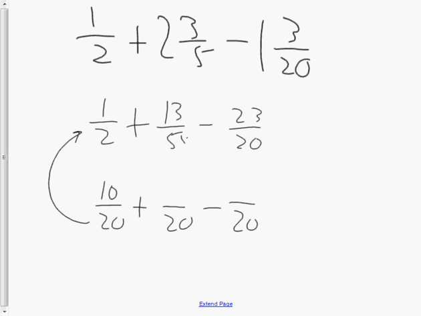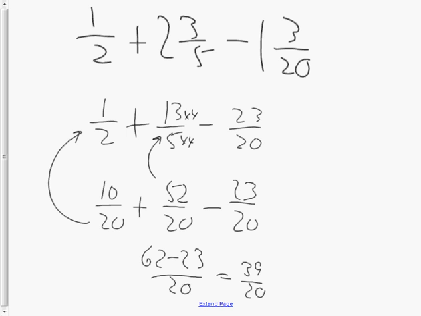This would be, since this is multiplied by 4, this is multiplied by 4, that's 52/20 would be equivalent to 13/5. And of course, 23 would be the same. That would be 62 take away 23 over 20, which is going to be 39 over 20, which is 1 and 19/20.